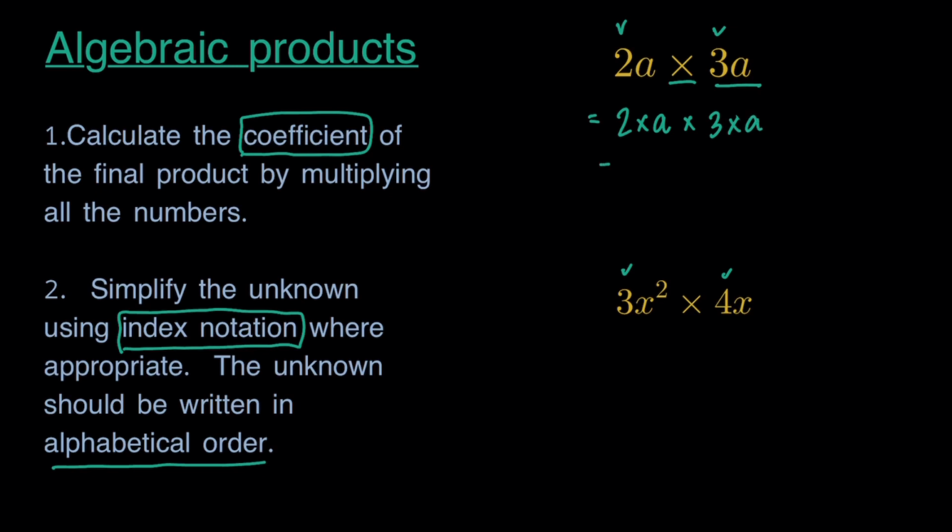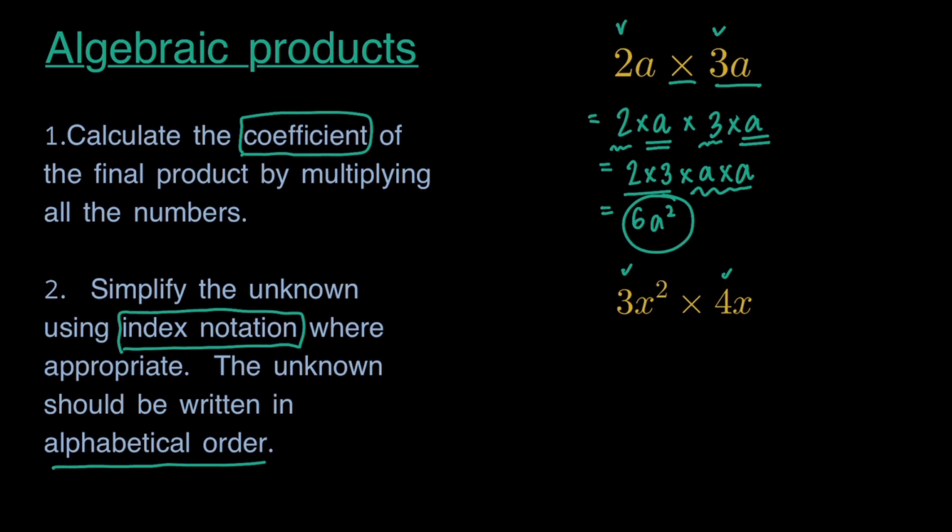Then I'm going to get my coefficients, the numbers, and write them next to each other, and then my variables, which are my letters, next to each other, which makes it easier for me to calculate. 2 times 3 is equal to 6. A times a is equal to a squared. So that means 2a times 3a can be simplified to 6a squared.